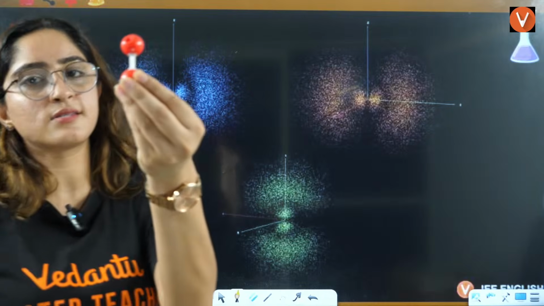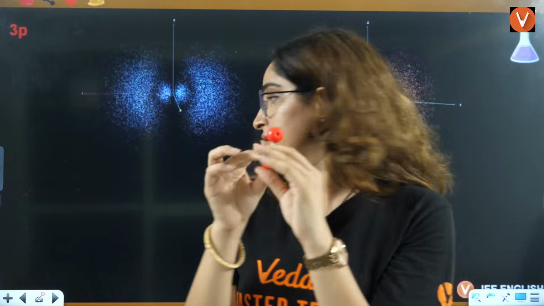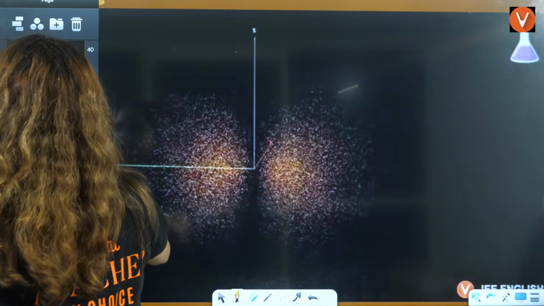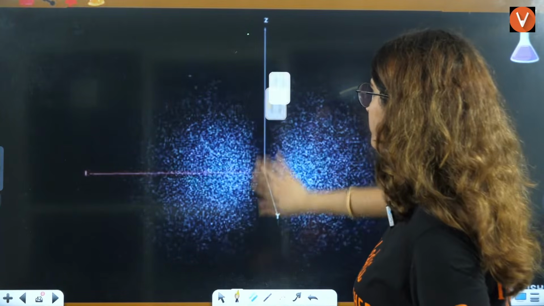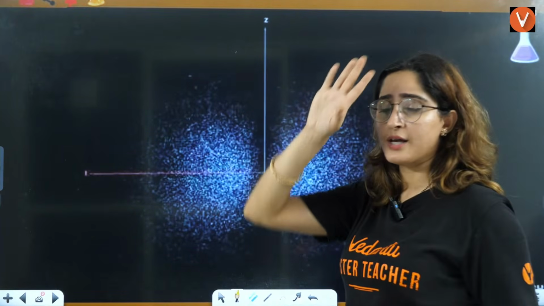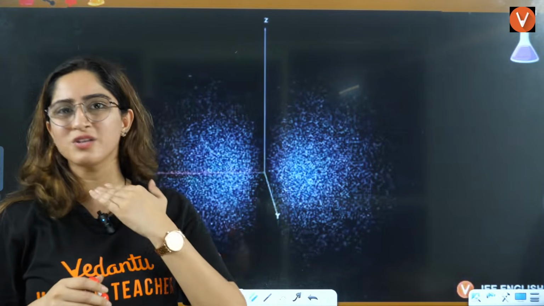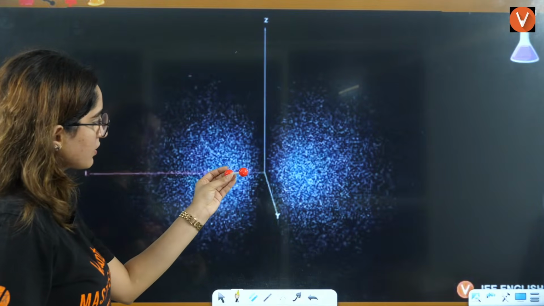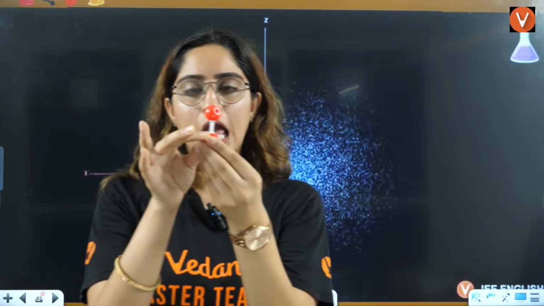So guys, imagine that this is a p orbital. This is how the p orbital looked. I will tell you about the p orbital. I think I need one more class for this, because to teach you this in detail, my throat is also not working now. Let's say this is the p orbital.